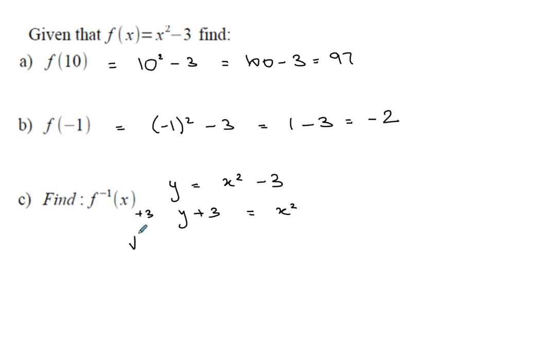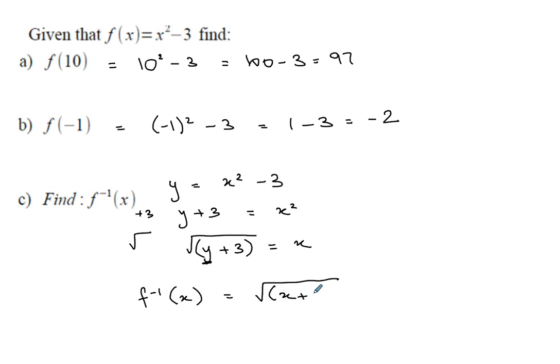We now square root it. So we've got the square root of (y plus 3) equals x. And then wherever the y is, we stick the x back in. So the inverse function f minus 1 of x equals the square root of (x plus 3).